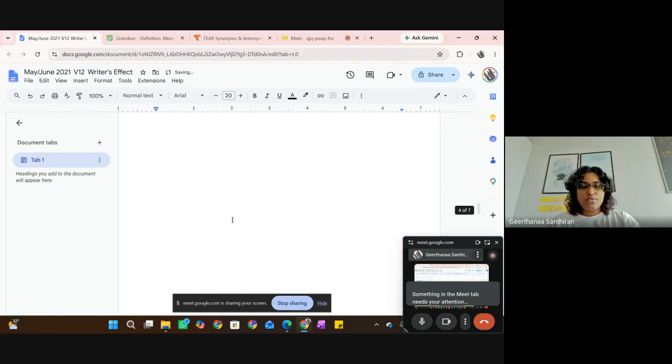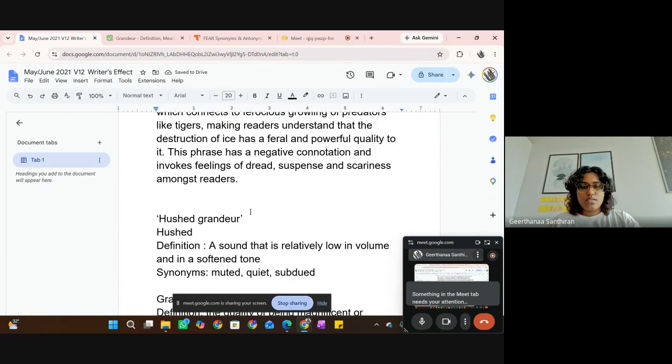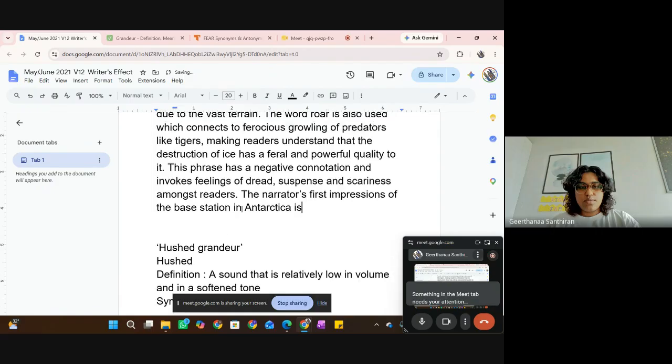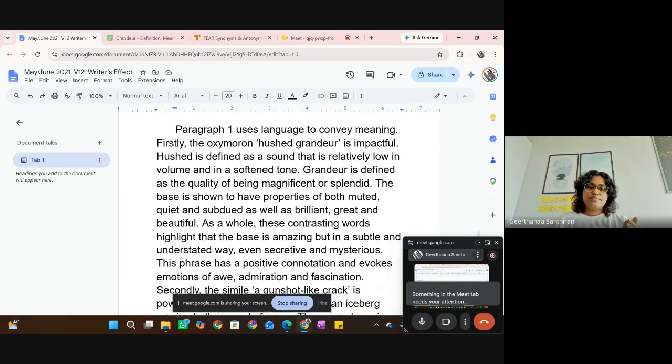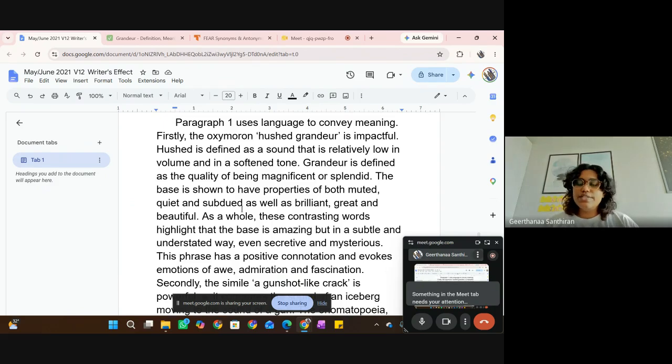Let's read the full answer so far. That will help us understand. So we've said, paragraph 1 uses language to convey meaning. Firstly, the oxymoron hushed grandeur is impactful. Hushed is defined as a sound that is relatively low in volume and in a softened tone. Grandeur is defined as the quality of being magnificent or splendid.